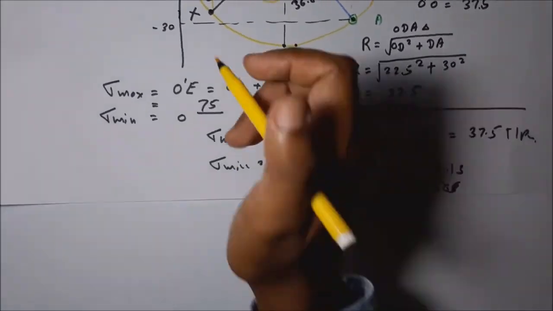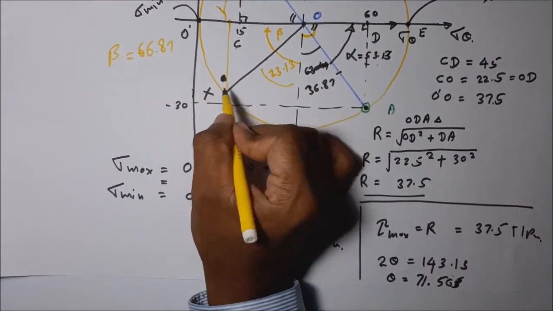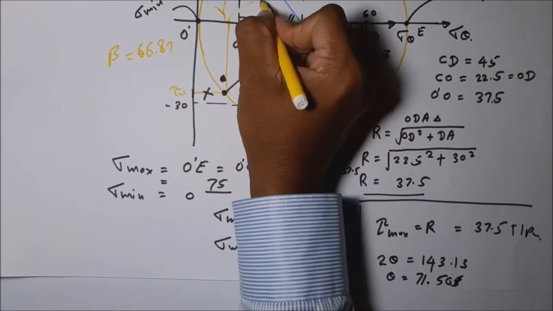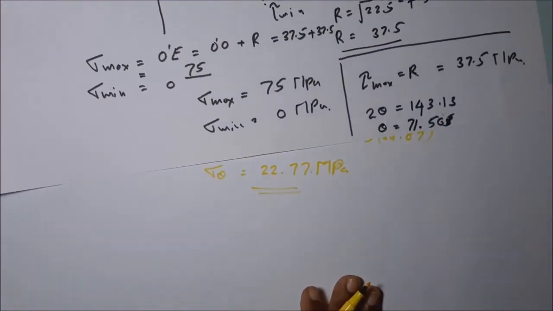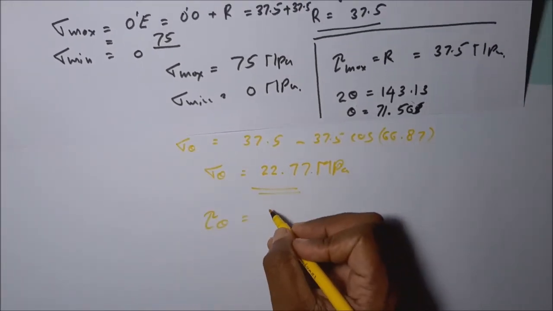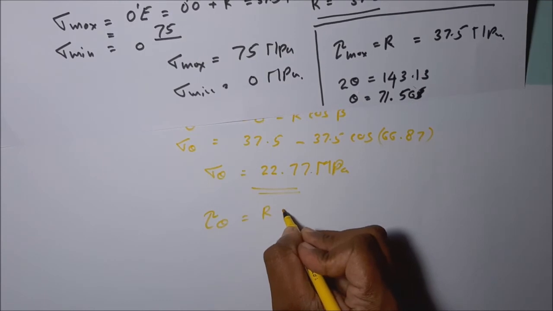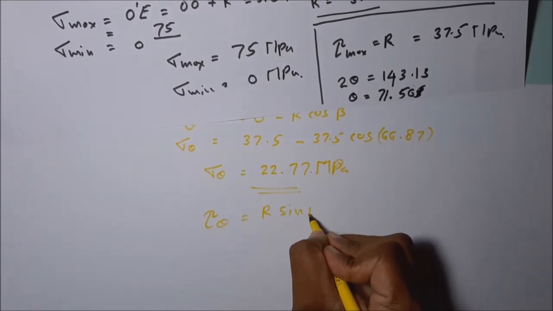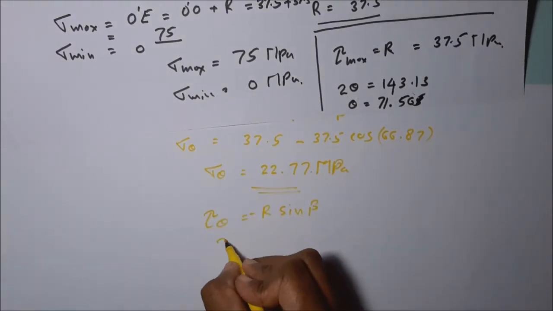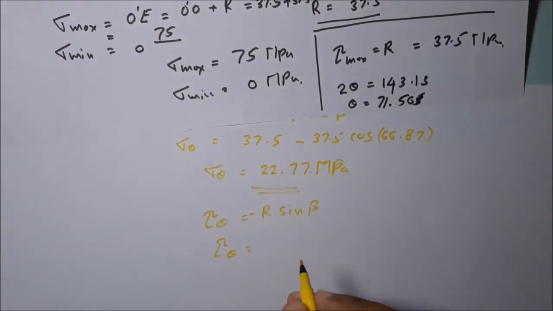Then at the same time we can find tau theta also. Let's take this as tau theta and this as sigma theta. Tau theta is equal to r sin beta, but it is negative according to our Mohr circle representation.